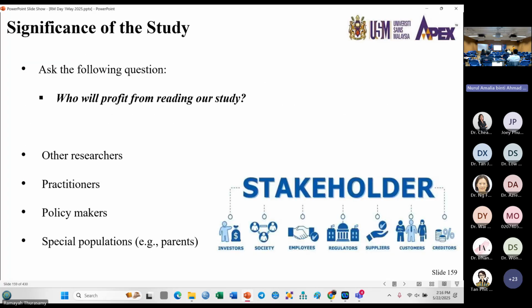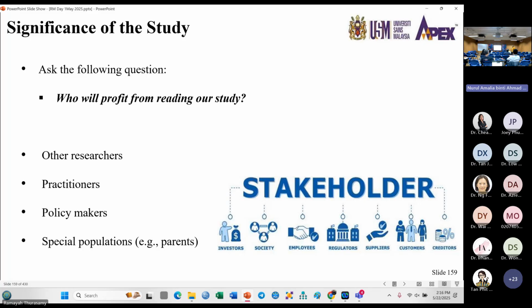Okay, next we have the significance of the study. These are the stakeholders. Most of the time I see this problem in thesis. When you write the significance of the study, you usually write the theoretical and practical contribution. That comes in chapter 5. I have a personal problem with this, but everybody accepts it. All examiners are very happy with it.